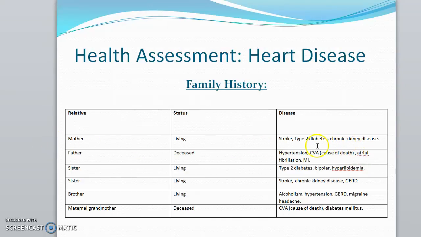The mother has the following diagnoses: stroke, type 2 diabetes, chronic kidney disease. The father also had hypertension and died of CVA, and the grandmother also died of CVA. So you have an idea of the family history.